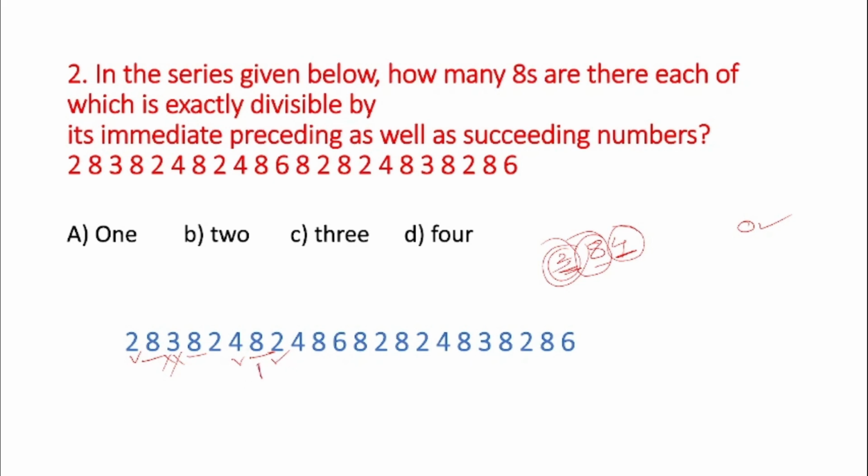And again we have an 8 here, it is divisible by 4, but 8 is not exactly divisible by 6. So we have an 8 here, but here 6. We have an 8 here with 2 and 2, which exactly divide 8. Again we have an 8 here, but here it's 3. An 8 here with 3, an 8 here with 2, but here it is 6.